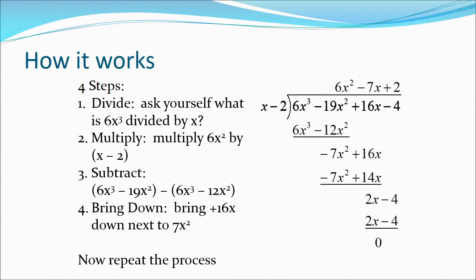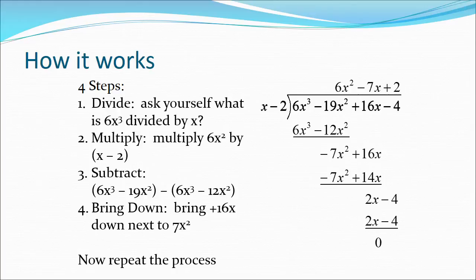We got 6x squared. We multiply by x minus 2 and subtract it. Now be very careful with the subtraction. That's what throws most people off in this whole process. That gave us negative 7x squared. We brought down the plus 16x, and then we said, what do you multiply x by to get negative 7x squared? Well, that would be negative 7x.